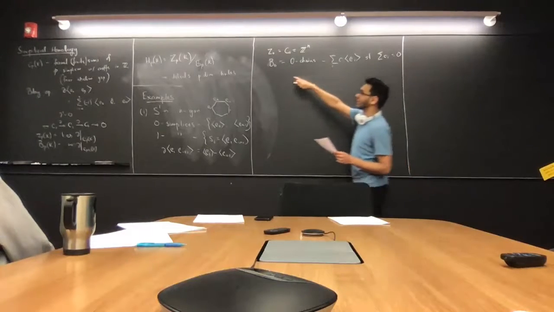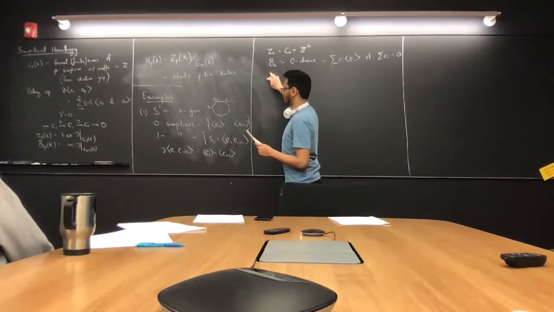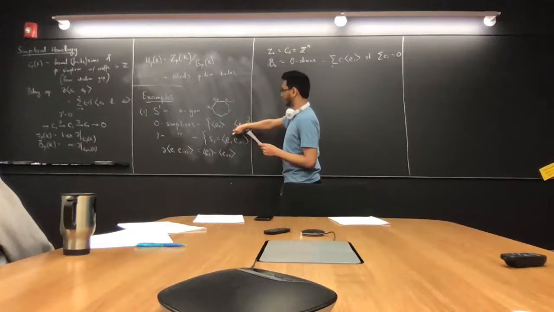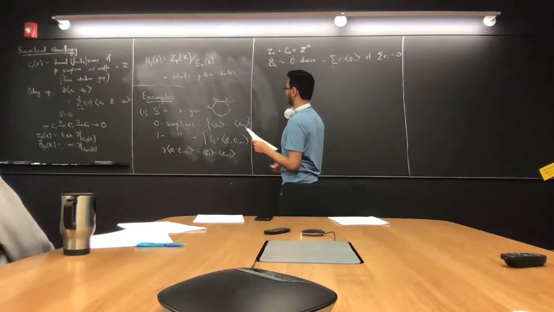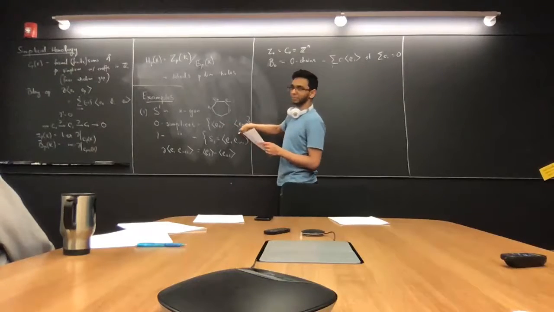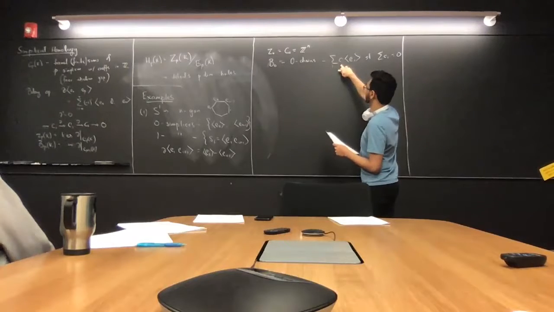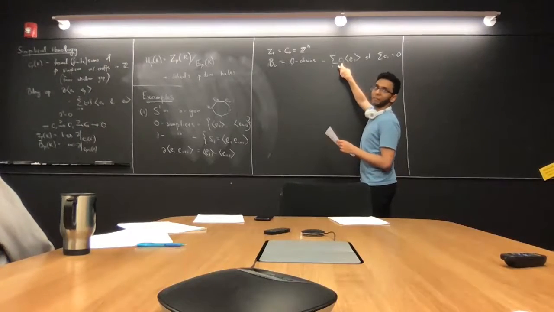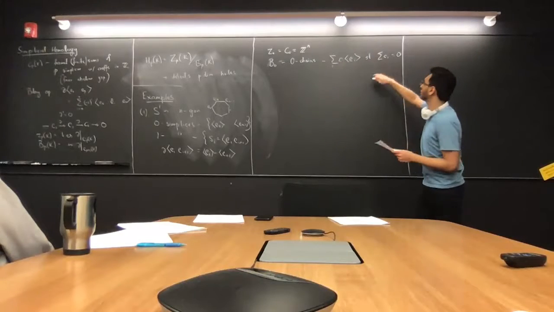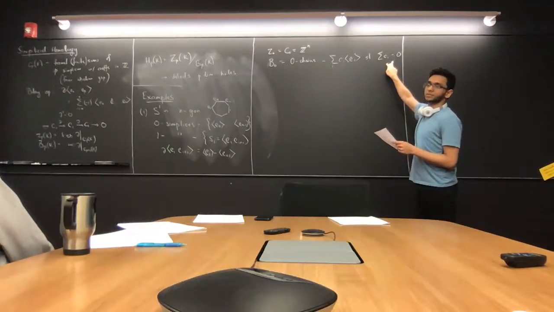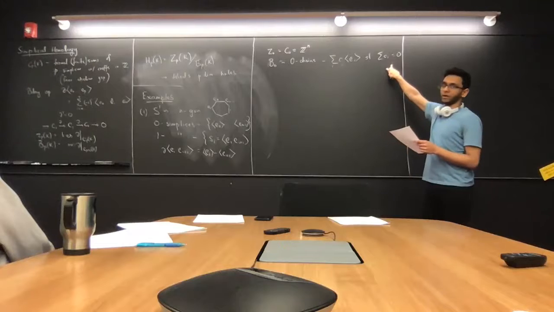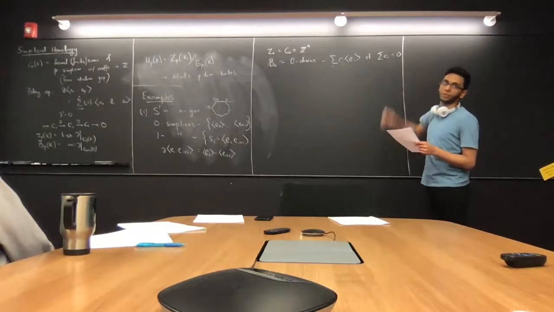Because you want this to be a zero-dimensional boundary, which means you want it to be the boundary of some sort of linear combination of one simplices, and the boundary operator basically multiplies each coefficient by +1 and just adds them together, which means that you get this constraint for a zero-dimensional boundary.